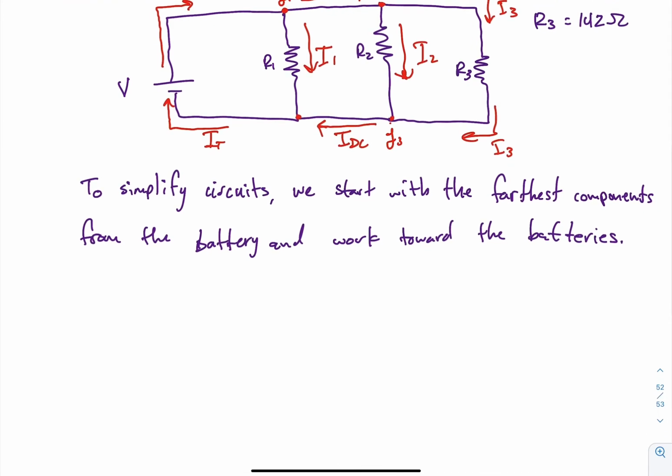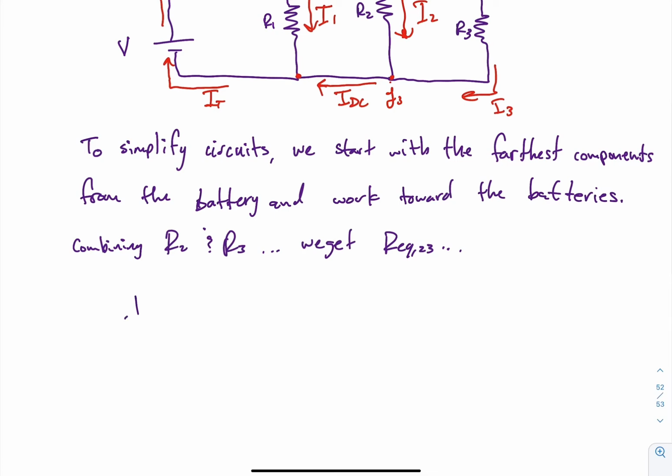So we'll say combining R2 and R3, we get R equivalent for 2 and 3. And so we'll show that 1 over R equivalent for 2 and 3 is equal to 1 over R2 plus 1 over R3.